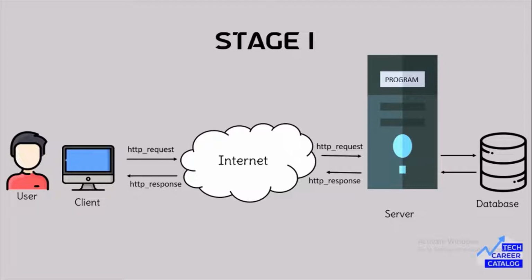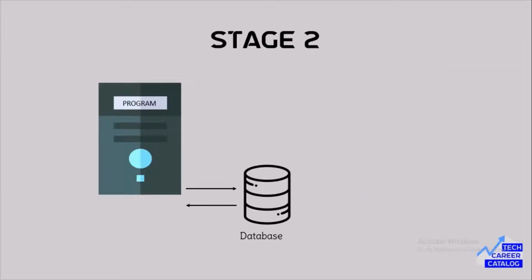So this is how things work in client server architecture. And there is the role of the database, where it is continuously communicating with the program which resides on the server, pulling out and pushing in the data. Stage 2: how is this program residing on the server communicating with the database?